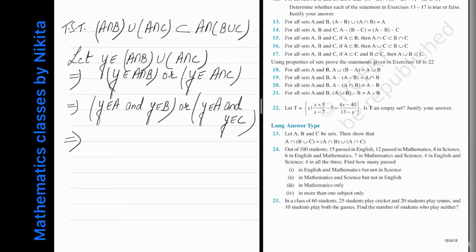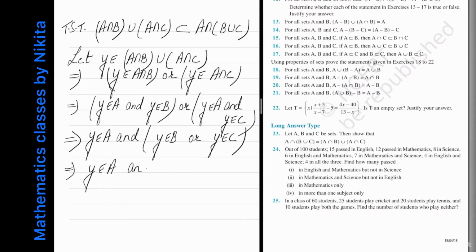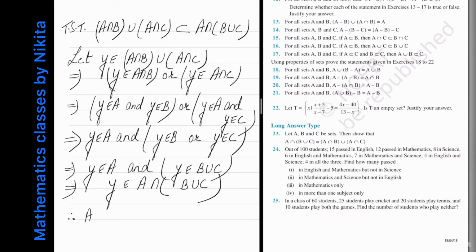Now this last statement can be written as y belongs to A, which I have taken common, and then in bracket I can write y belongs to B or y belongs to C. This implies that y belongs to A and y belongs to B union C, and this implies that y belongs to A intersection with B union C. This is what we had to prove. Therefore A intersection B union with A intersection C is contained in A intersection with B union C. Mark this as 2.